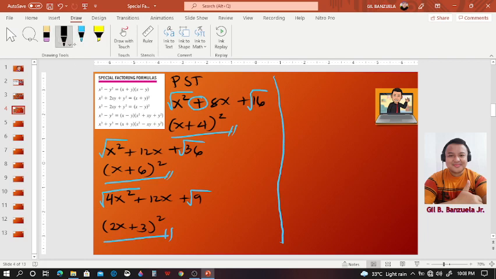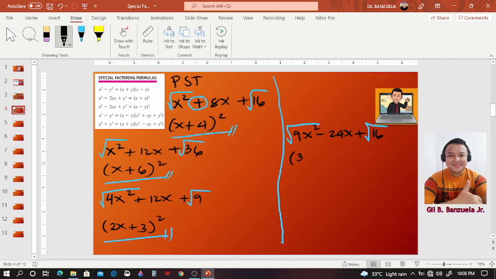So supposing I have 9x squared, then minus 24x, then plus 16. Again, to check if the given trinomial is a perfect square trinomial, simply get the square root of the first and the last term. Alright? So the square root of 9 is 3.